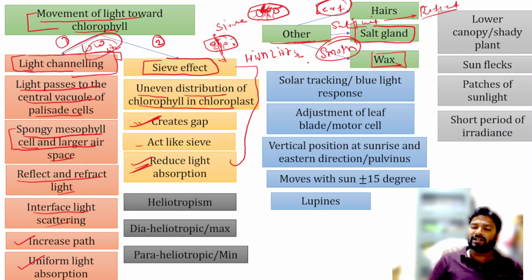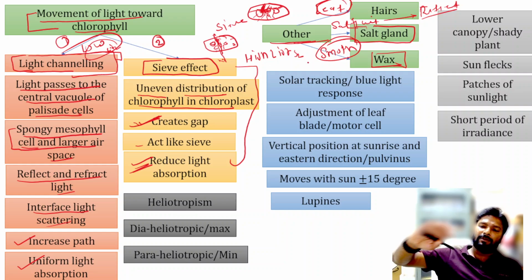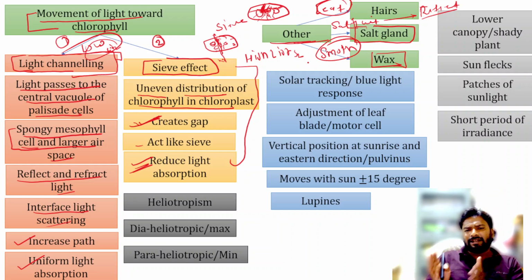Okay, so it also increases the reflection of the light. So these are some morphological or anatomical changes on the leaf epidermal surface, and these act as a first line of defense against highlight stress, like the presence of leaf hairs, salt glands and the waxy layer. So it decreases the light absorption under highlight conditions.